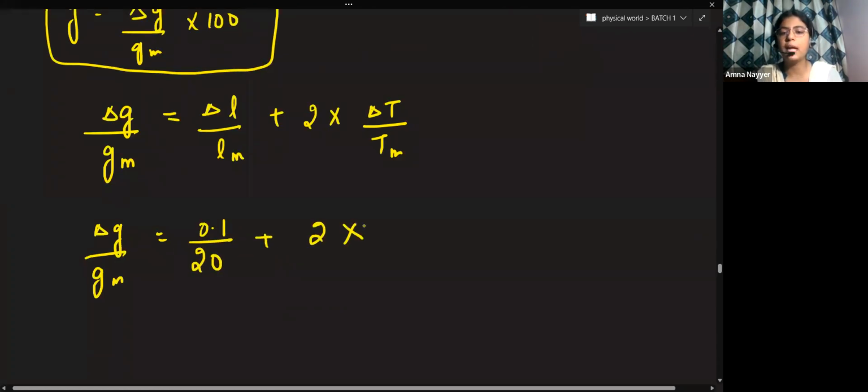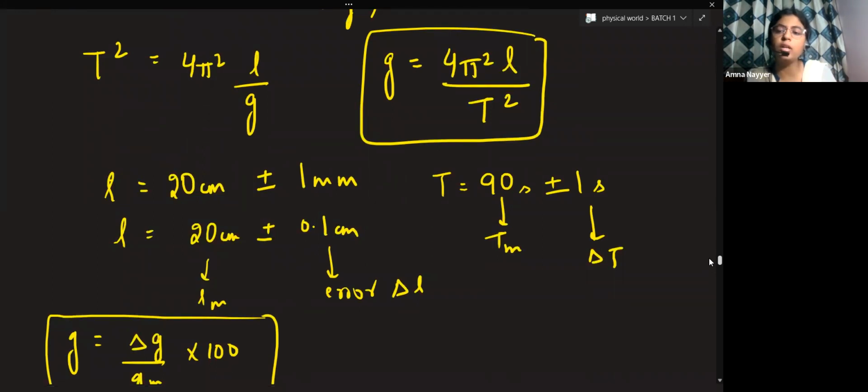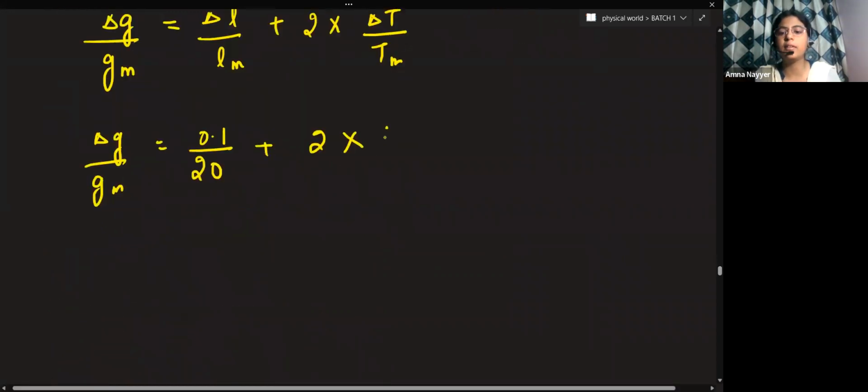Plus 2 multiplied by delta T by Tm. Delta T is what? Delta T is 1 and Tm is what? This is 90 seconds. So delta T by Tm will be 1 by 90. This will be 1 divided by 90. This is your answer. Now delta G by Gm is coming what?